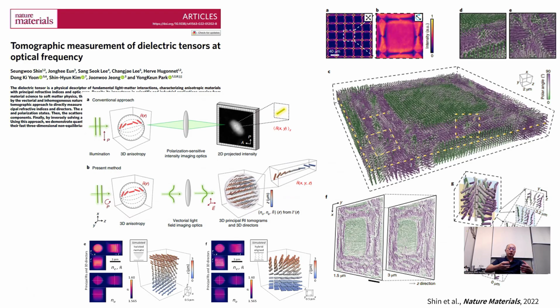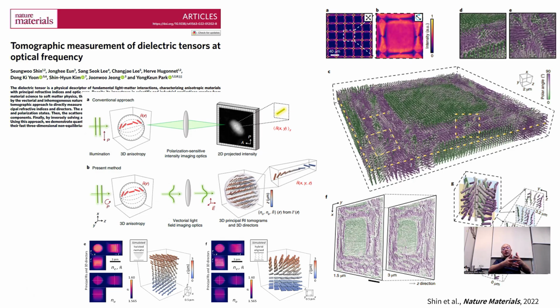But as you know, the refractive index is not the full descriptor to explain the light-matter interaction. To fully describe it, you have to have the dielectric tensor distribution in 3D. Then you have full information on how your matter, considering its orientation and molecular orientation, interacts with arbitrarily polarized light in space, in the propagation.